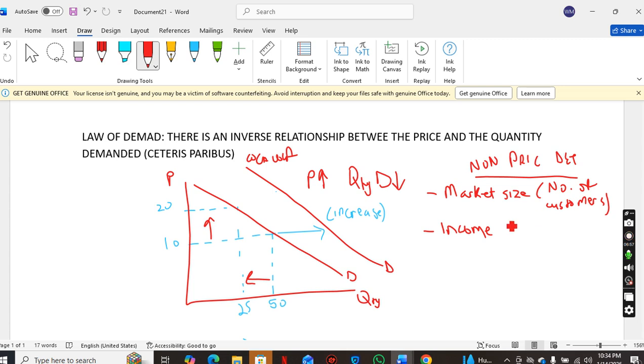Okay. Next, we've got consumer expectations. For example, let's say this demand graph is the graph for petrol.